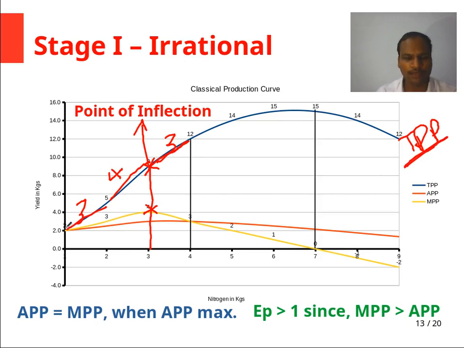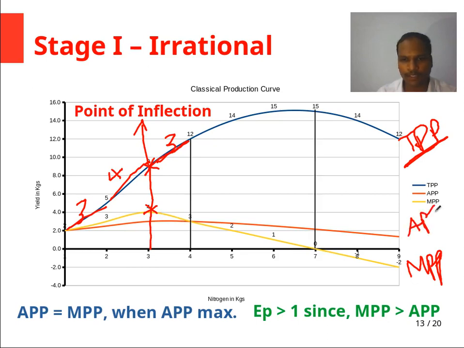Now let's see about MPP. MPP is the yellow line. The MPP increases, reaches its maximum, which we call the point of inflection, and then it decreases. Let's see about APP.